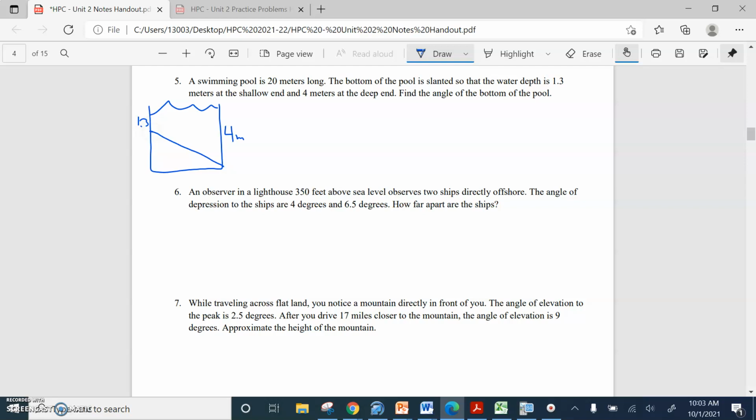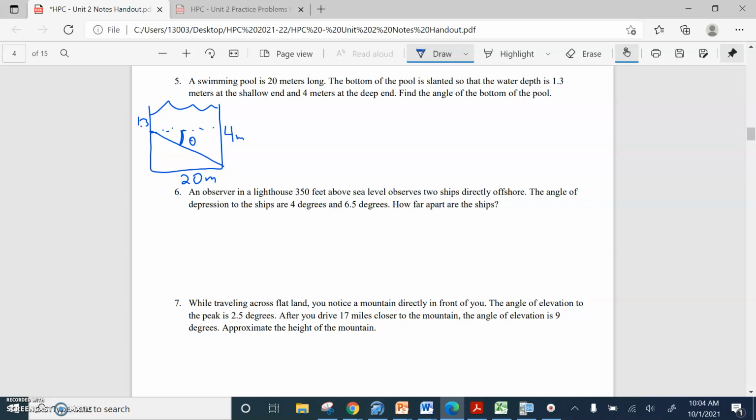So what the question's asking is finding what angle this is, because we also know that the width of our pool is 20 meters. So across a 20-meter span, we start at 1.3 meters and we go down as far as 4 meters deep. And what they're asking for is what is this angle.